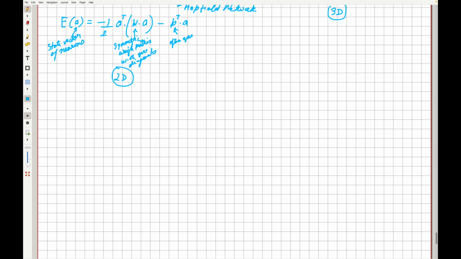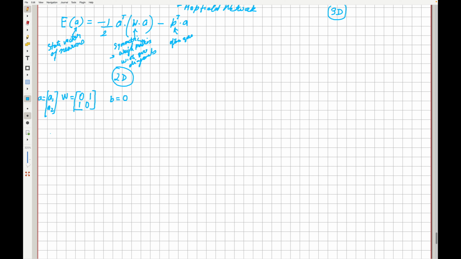For the 2D case, we assume that W is 0 1 1 0, and note that the diagonals are 0 as we said. The bias we will set to 0, and for A, just to generalize, we say that this is A1 A2.